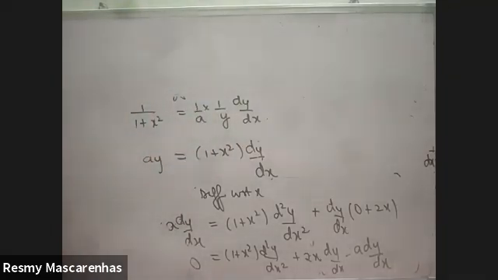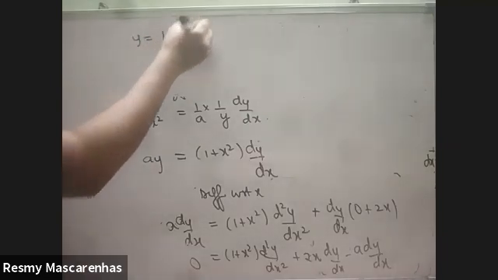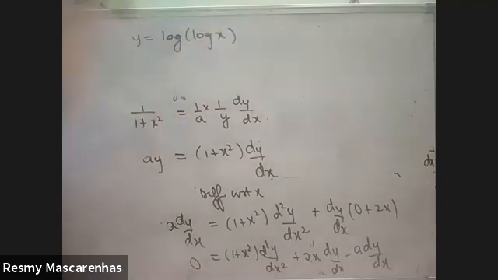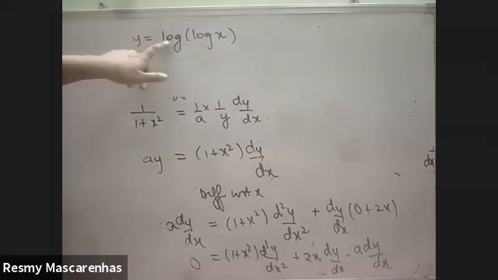Last one on this. Now just because I said if there is something log inside, take it on the other side, don't make it as log inverse y and keep.